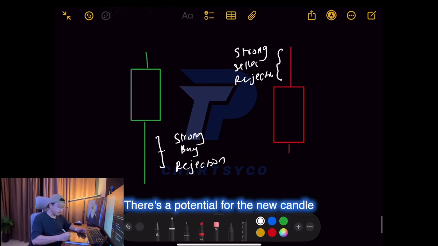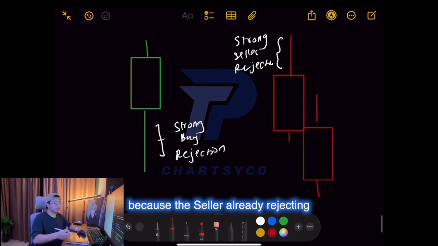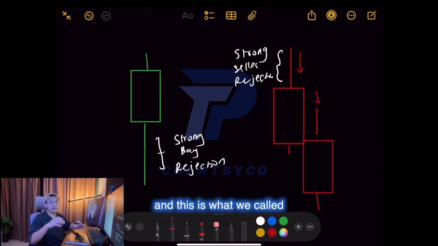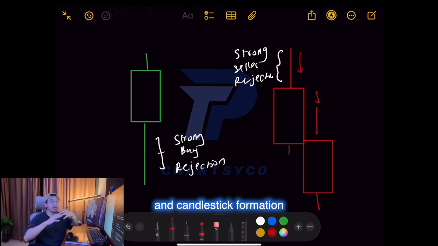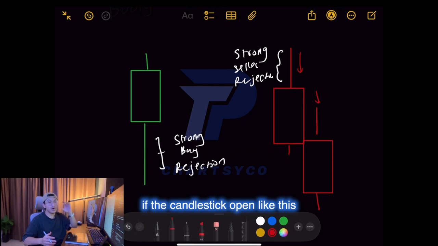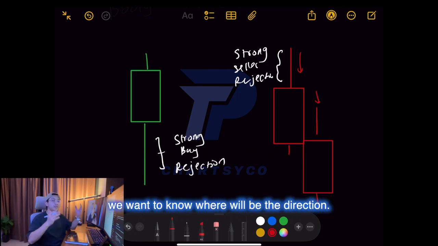There's a potential for the new candle to open up and look like this, because the seller is already rejecting this area and keeps pushing down. And this is what we call momentum, where you start to understand the candlestick and how the candlestick forms, then you will know what will happen if the candlestick opens like this. What will be the next candle, because we want to know the direction.